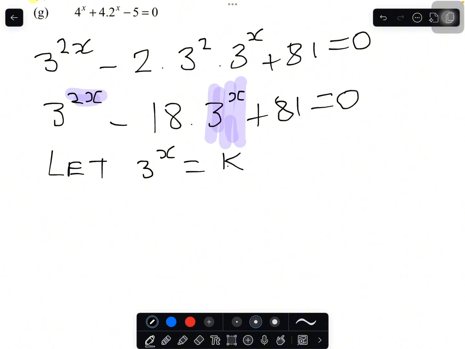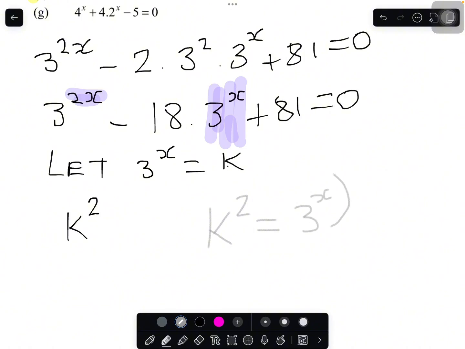So now I'm going to have k squared. Now you may be asking, how did I get this k squared? Because if I have k squared, it actually equals this 3 to the x to the power 2. We're doing it like that. And since this right here is k, we're putting it in there.